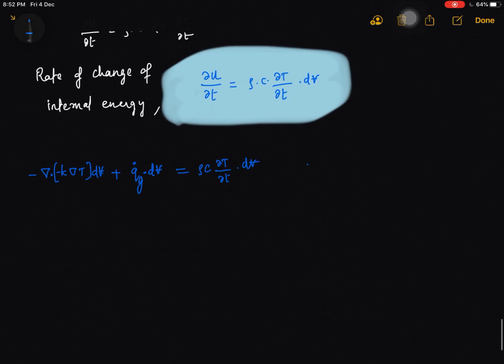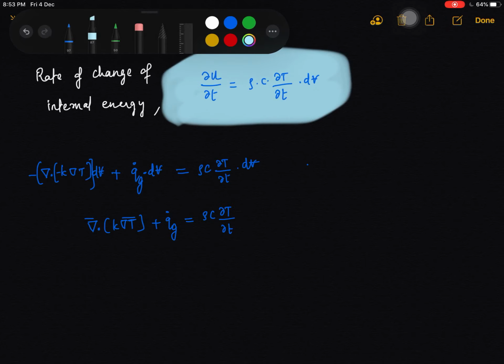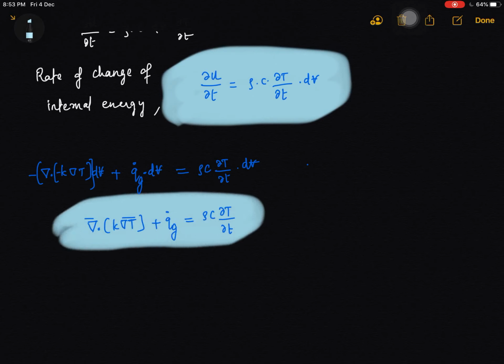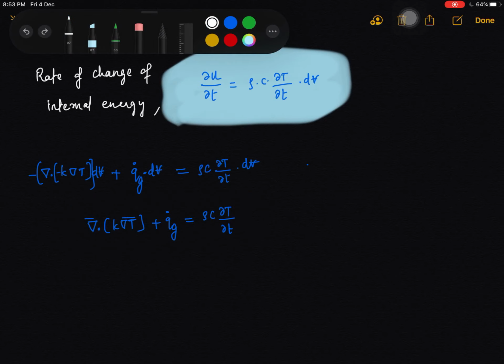We can see dv in all these terms, so let's cancel all the dv's and we can write del dot k del T plus q dot g will be equal to rho c into ∂T/∂t, and this is the general heat conduction equation.